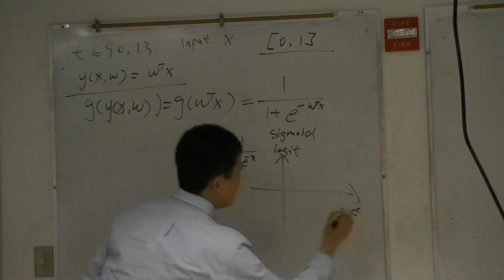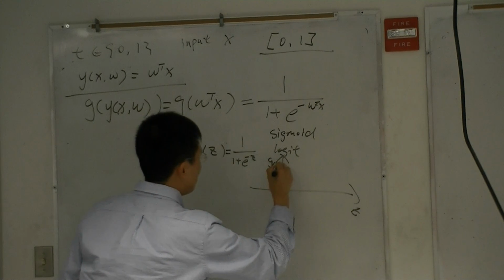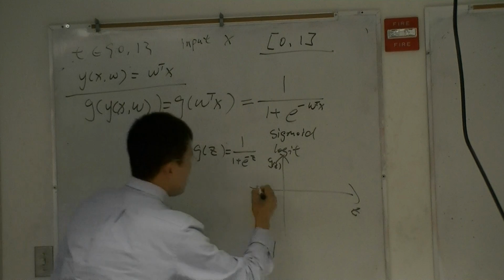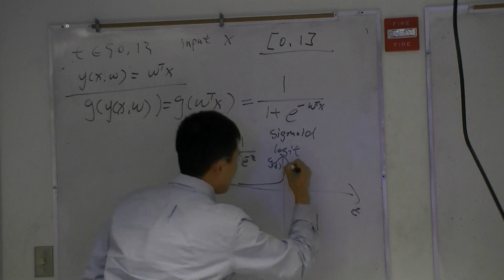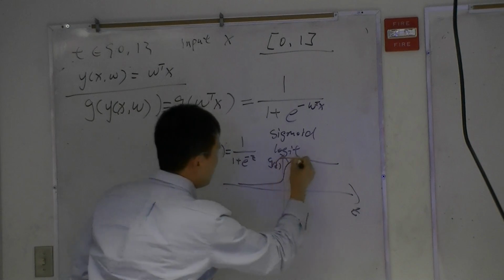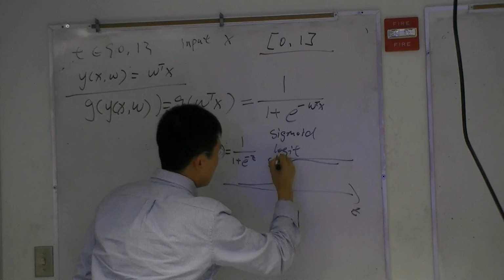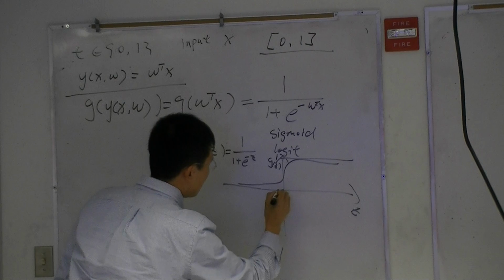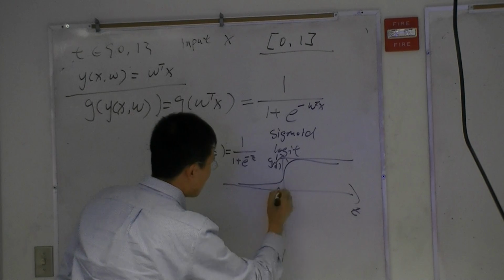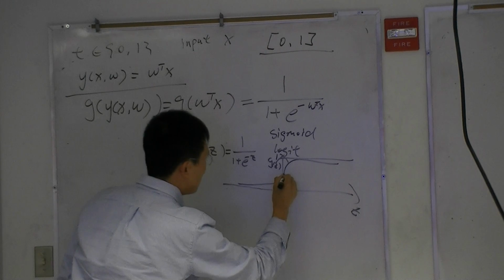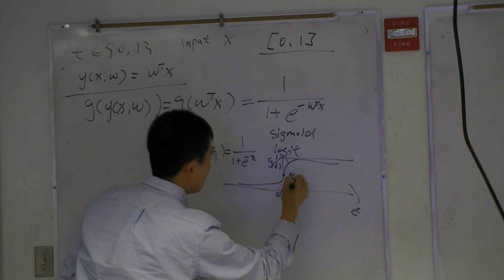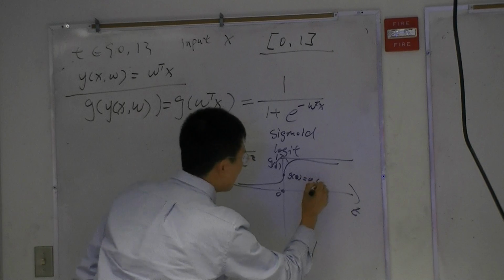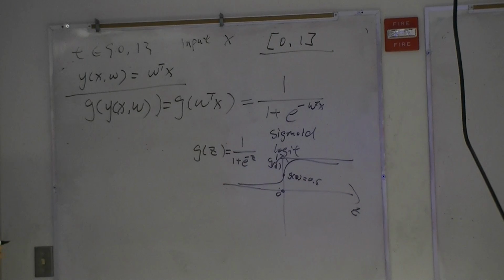Here is z, here is g of z. If we plot this function, it looks something like this. The maximum value is less than 1, the minimum value is larger than 0, and when z equals 0, g of 0 equals 0.5. So there are some nice properties.